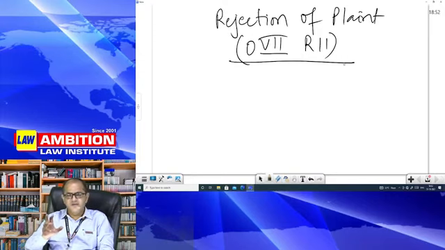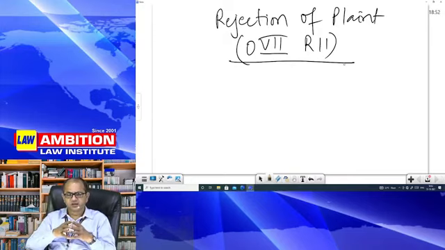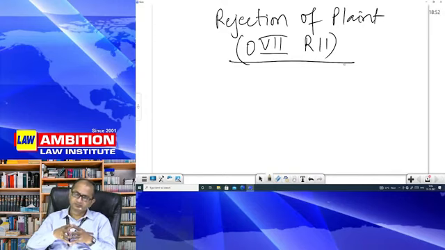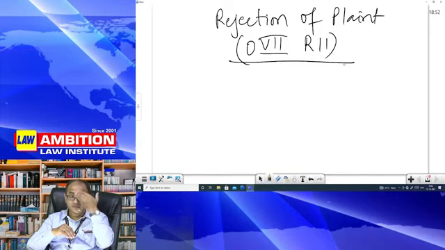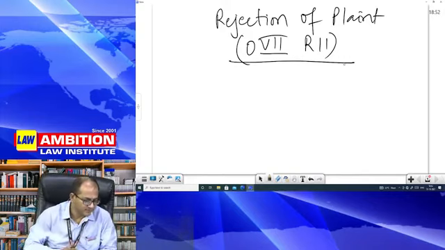That is why the provision is there that it should be rejected at the outset. If nothing is there, then let us reject it. We'll give you the opportunity to amend and correct, but if nothing is found, then it is very, very difficult. Is this clear? We will not allow this kind of action to move further.